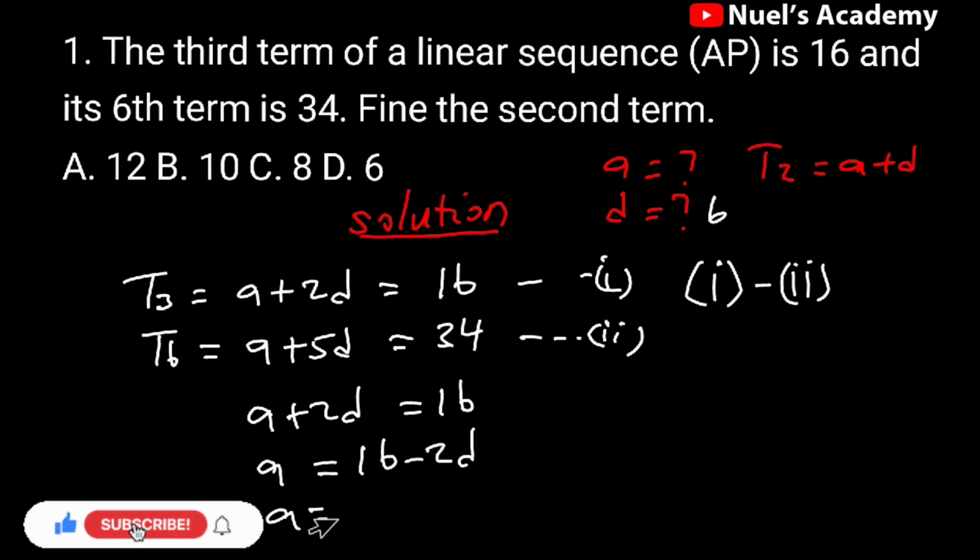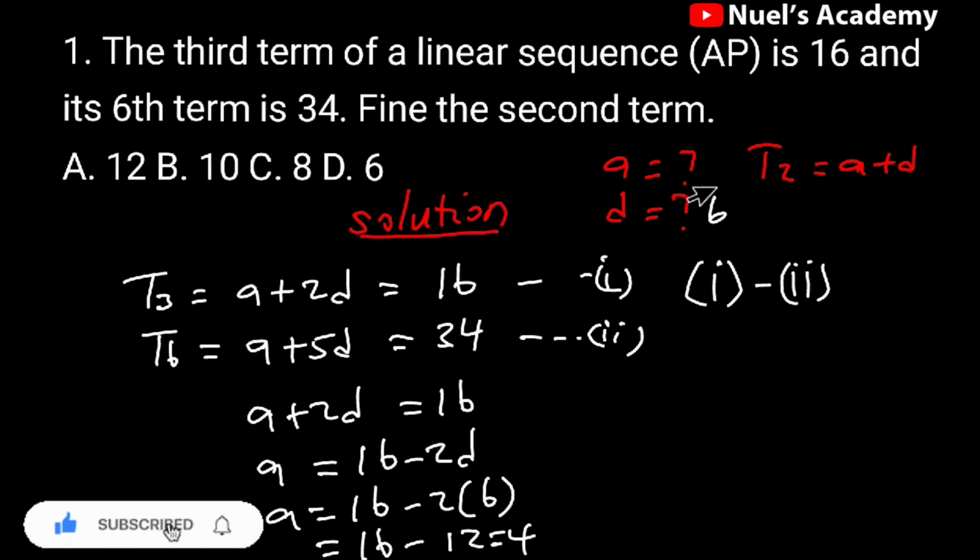So A is equal to 16 minus 2 times D, and D is equal to 6. So we have 16 minus 2 times 6, which is 12. And 16 minus 12 is equal to 4. So here we have that A is equal to 4.